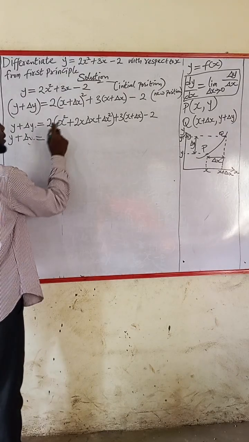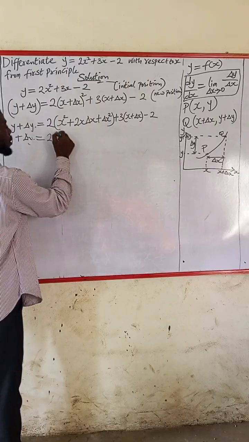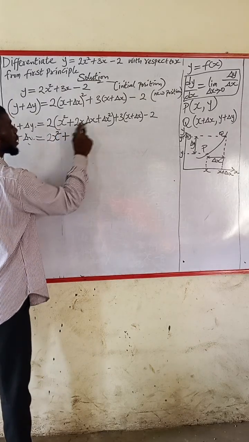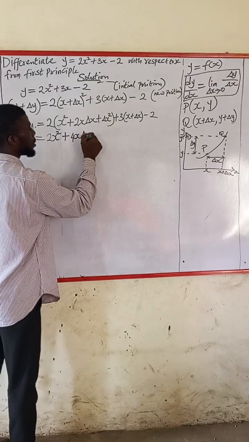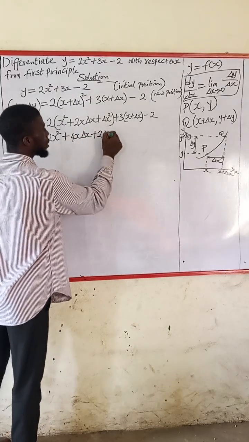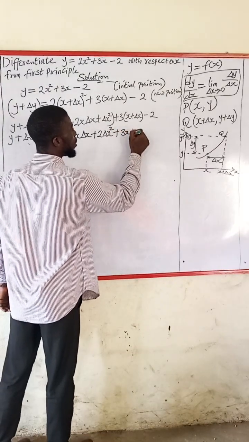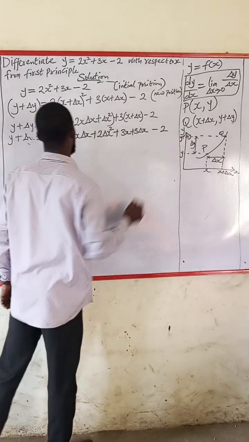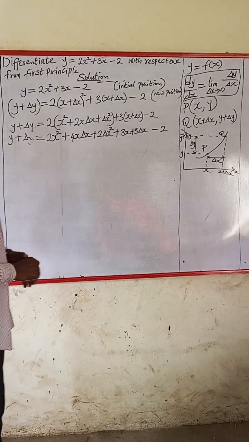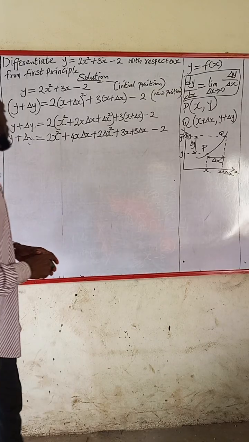So 2 times x squared is going to give us 2x squared, plus 2 times 2x change in x will give us 4x change in x, plus 2 change in x squared, plus 3x plus 3 change in x minus 2. Okay, we'll check if there are any like terms in this place.